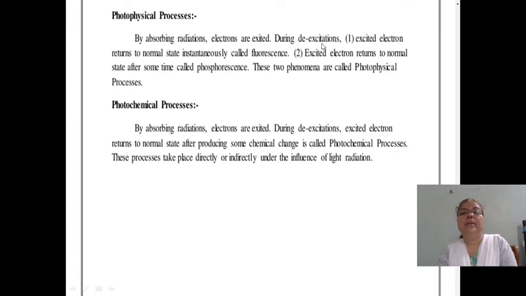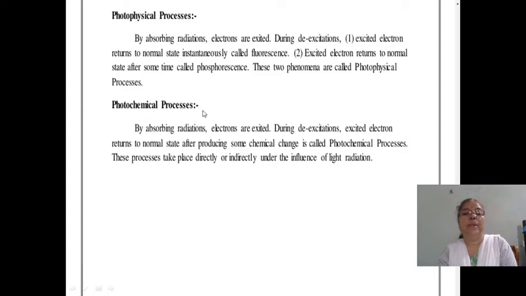During de-excitation, the electrons return from higher energy to lower energy, and this phenomenon occurs instantly, within a few seconds. This is called fluorescence. If the excited electron returns to the normal state after some time, it is called phosphorescence. These two phenomena are called photophysical processes.